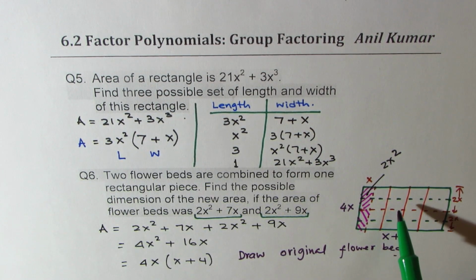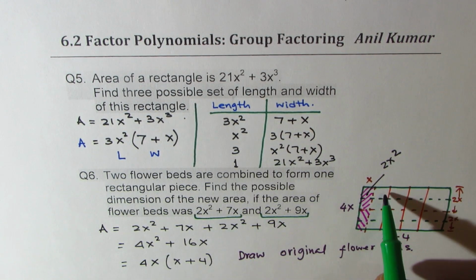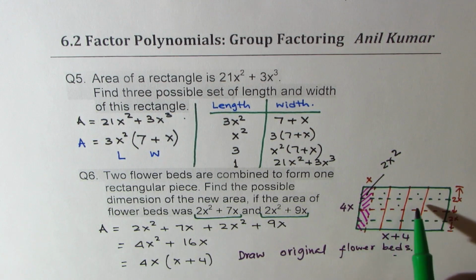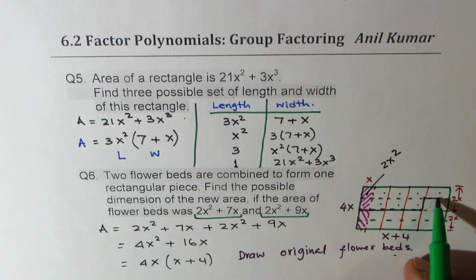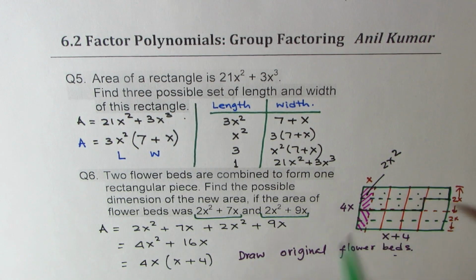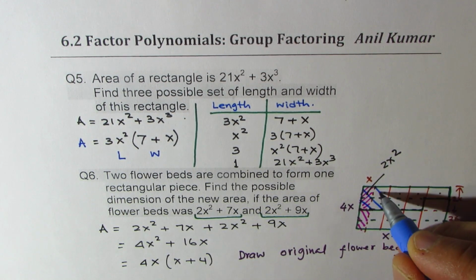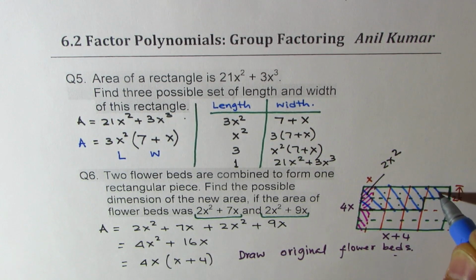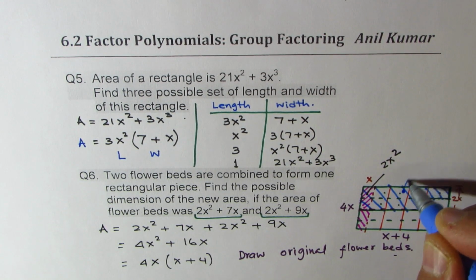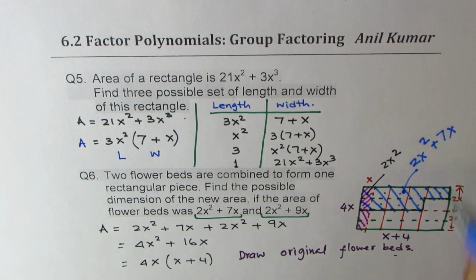So one of the areas will be 2x squared and you need 7. So 1, 2, 3, 4, 5, 6, 7. So I can mark the area as this. Do you see that part? So this portion is one flower bed. I hope you are getting this model, right? Which is 2x squared plus 7x.